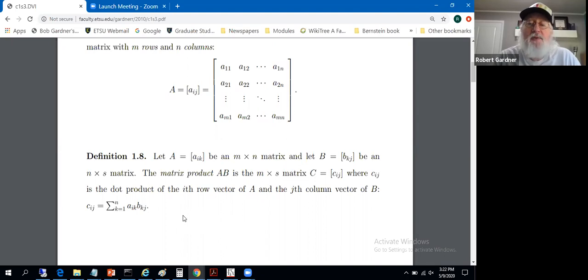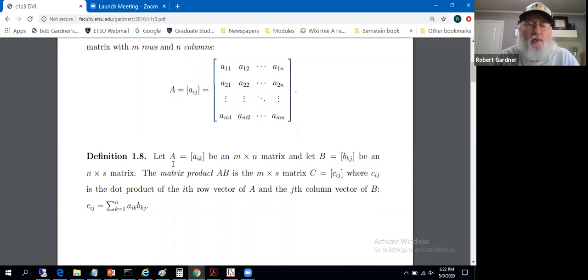And it involves some dot products itself. So what we're going to do is look at some of the rows and columns of the matrices in the product, and take dot products of corresponding rows and columns of these matrices.